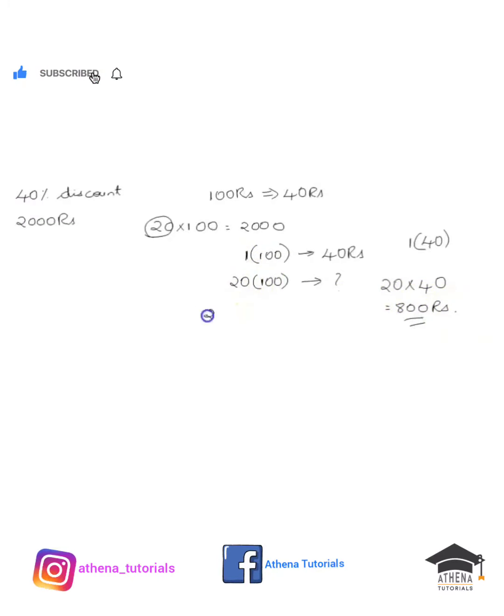You will pay 2000 minus 800, which will be 1200 rupees to the shopkeeper. We got the same answer. This might look complicated to you guys, but if you understand this, it will be very easy to calculate the discount. Okay, now let's take the last example for the session.